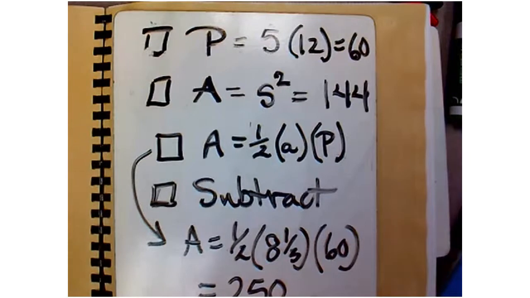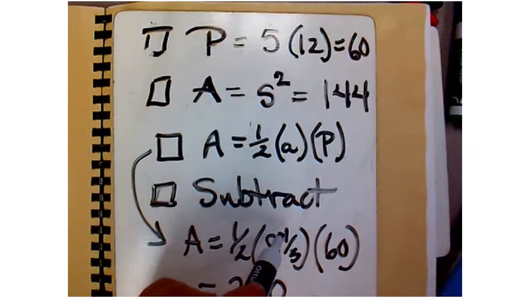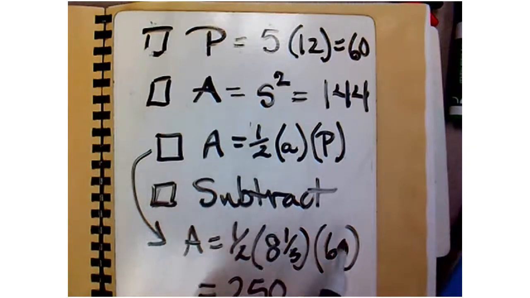You just have to realize that if you use your calculator, you don't want to look stupid and put 249.9999999. Because if you multiplied 3 times 8 is 24 plus 1 is 25/3, and you multiply that times 60, 25/3 times 60, you would get exactly 250. All right, so you got 250. So we got perimeter is 60, area of our square is 144, area of our regular pentagon is 250.